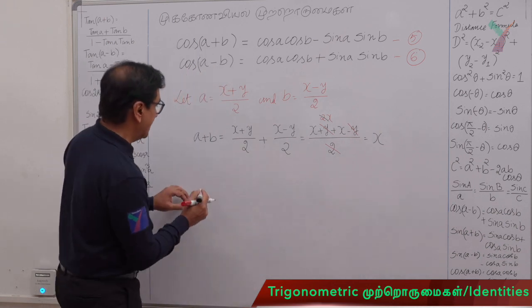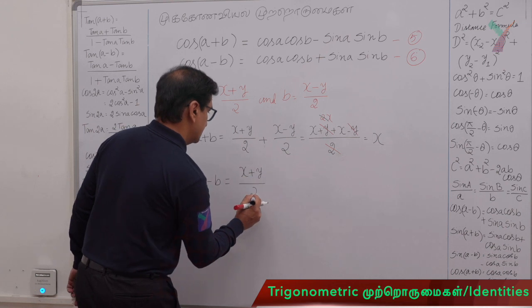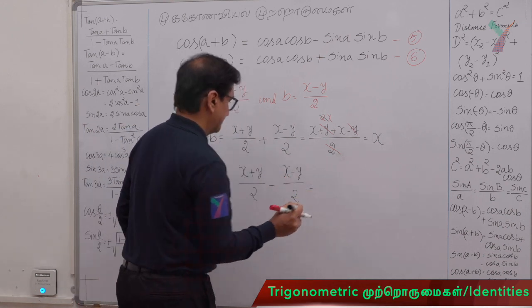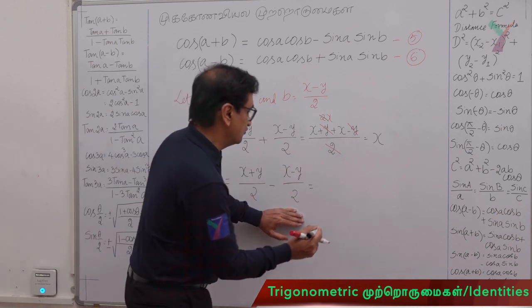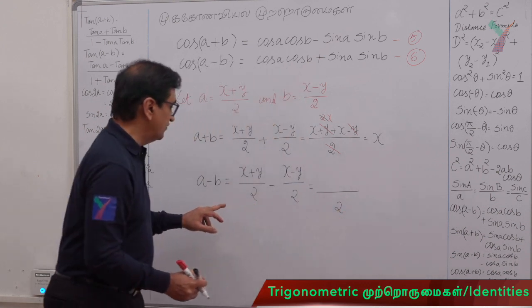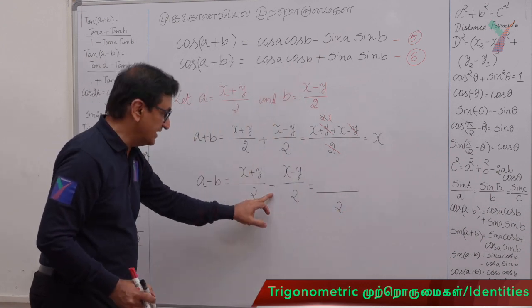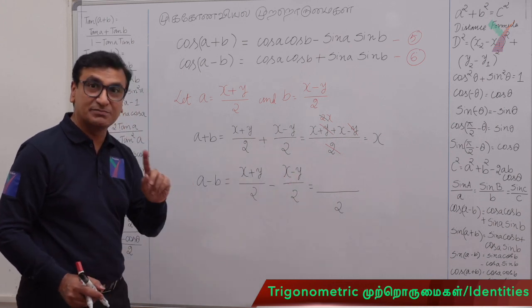Okay, then a minus b. Here also, if we take 2 as the common denominator, what will we get in the numerator? x plus y minus x plus y, because this minus and minus will make it plus.